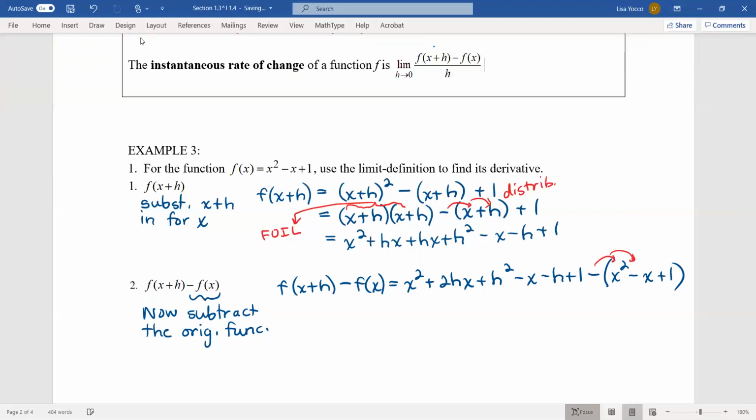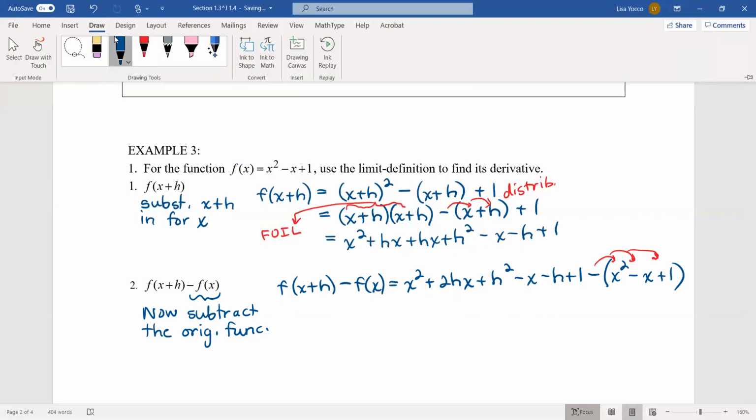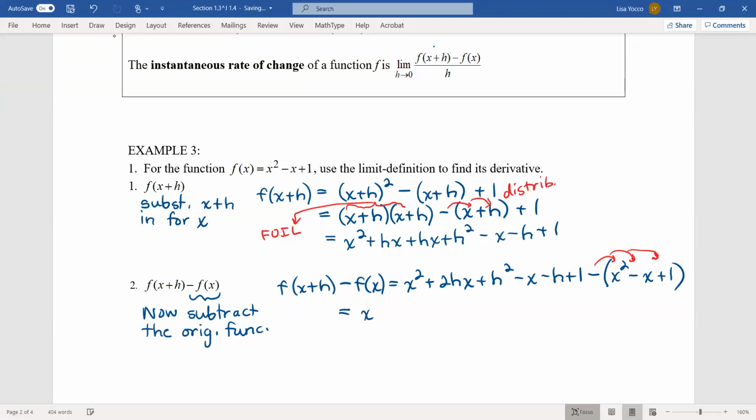Again, because I'm subtracting a quantity, I need to distribute the negative over where I just drew those red arrows. I'm just copying everything else that I have. Now minus x squared plus x minus 1.